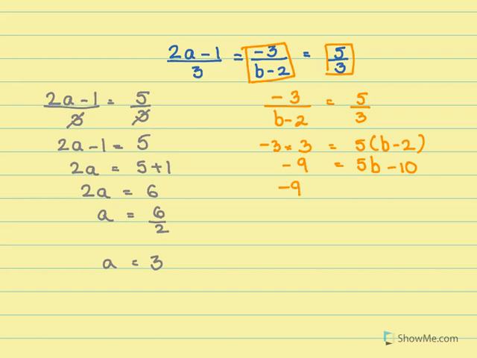So minus 9, I bring the minus 10 to the other side, becomes plus 10, equal to 5b. So 1 equal to 5b, and your b is 1 by 5. So for your answer, a equal to 3, b equal to 1 by 5.